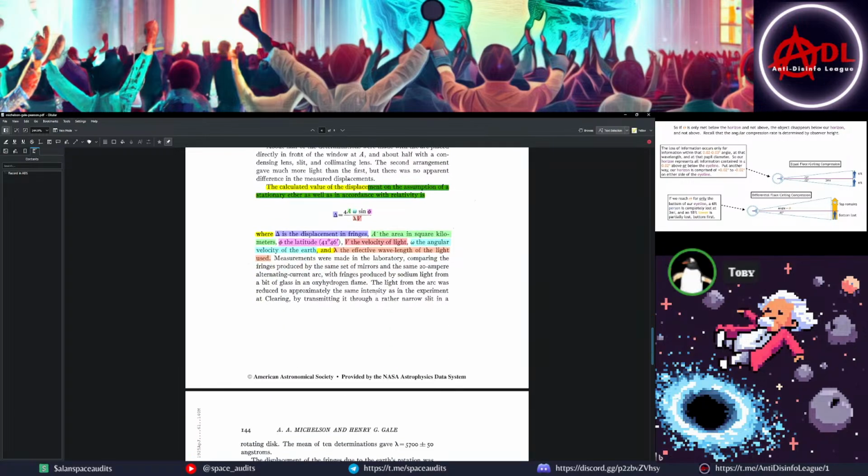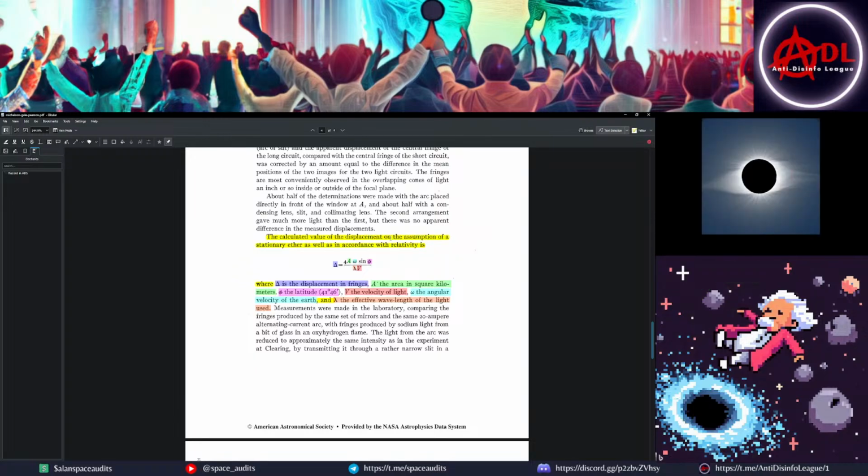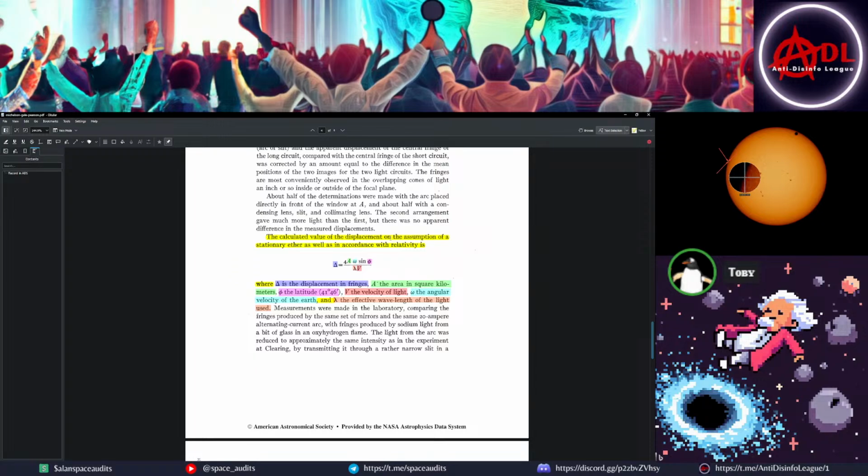You'd have to invoke a gradient of the observed effect if you were going to make an argument for a relativistic interpretation that keeps things in the same reference frame. There would have to be a drop-off point at which the velocity would be detectable.